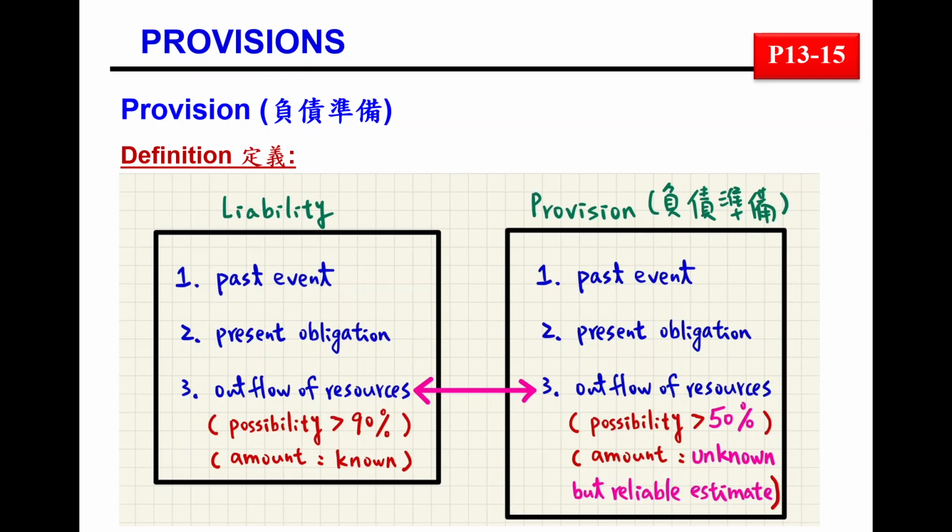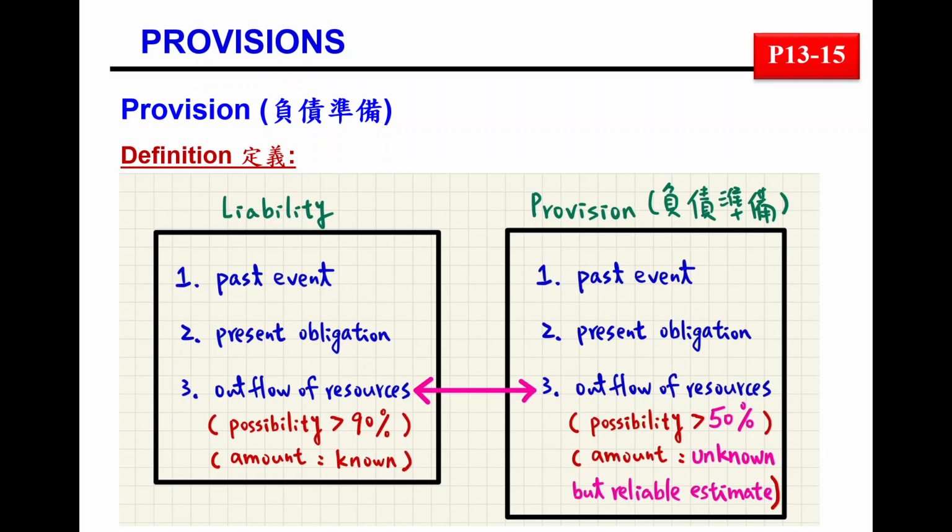Liabilities are based on a past event, right? It makes you have a present obligation. This present obligation means that in the future you have to pay money back to someone else, so we are pretty sure we will have an outflow of resources.